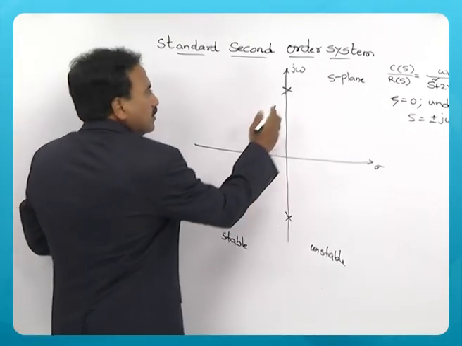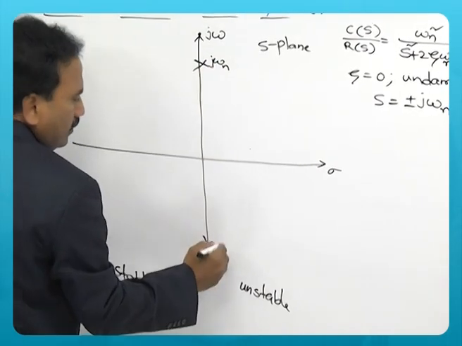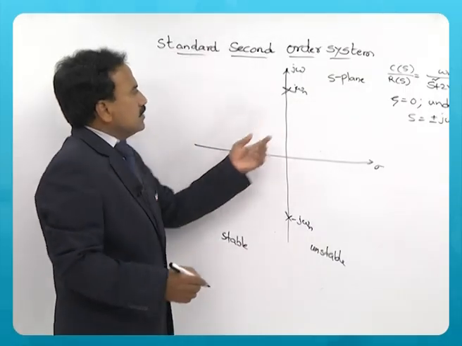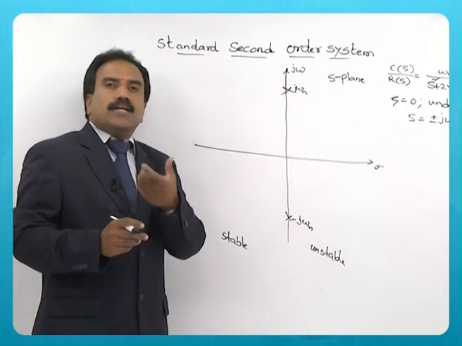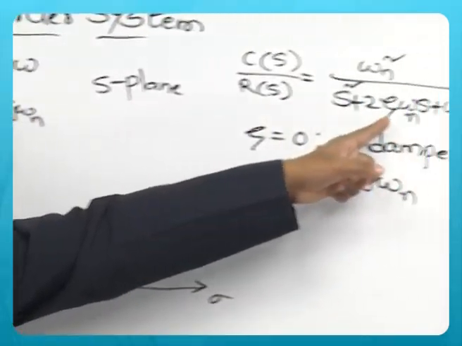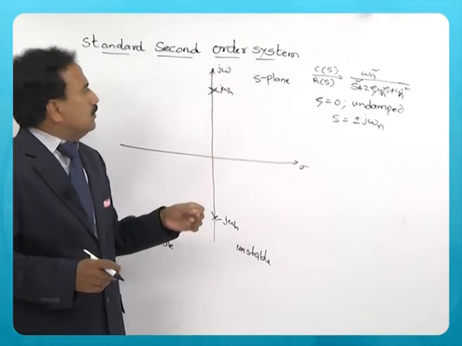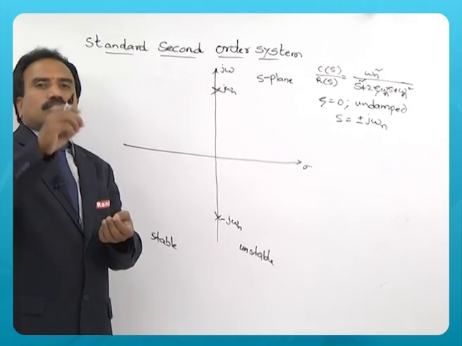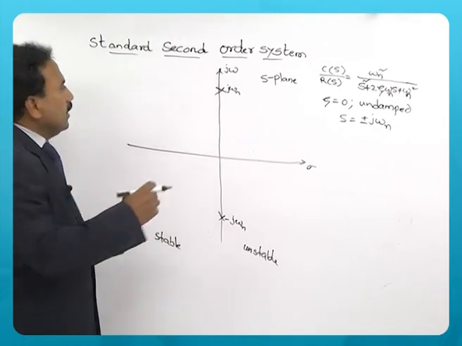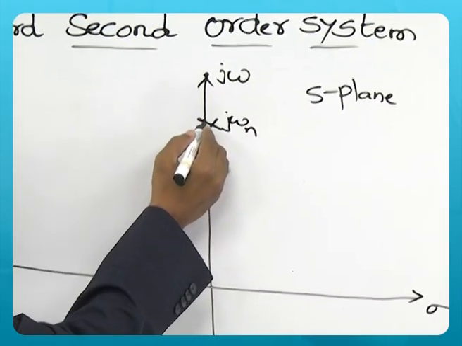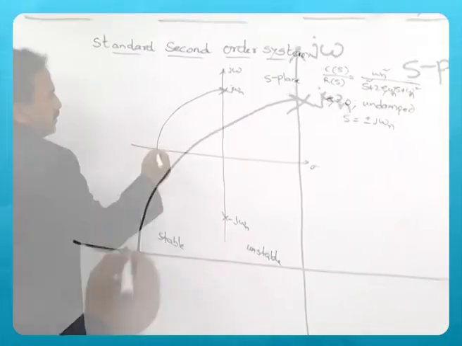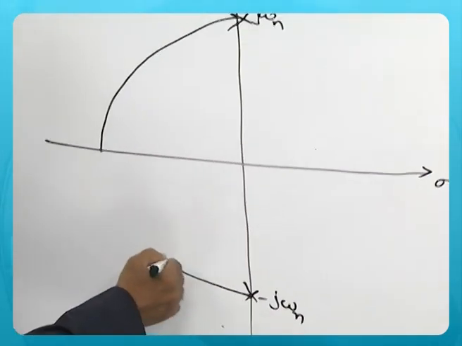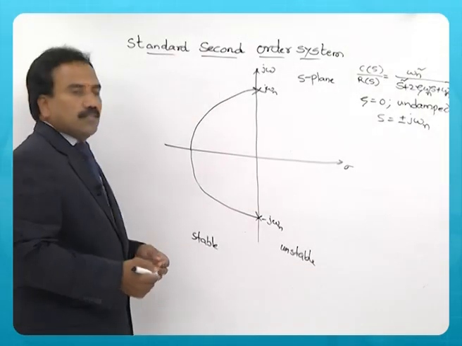So at this j omega n, and this minus j omega n, this is an undamped system. It is called an undamped system because zeta equal to 0. Now you introduce zeta and increase it from 0 to 1. Then this pole moves towards the negative real axis, and this pole also moves in a circular fashion to this.